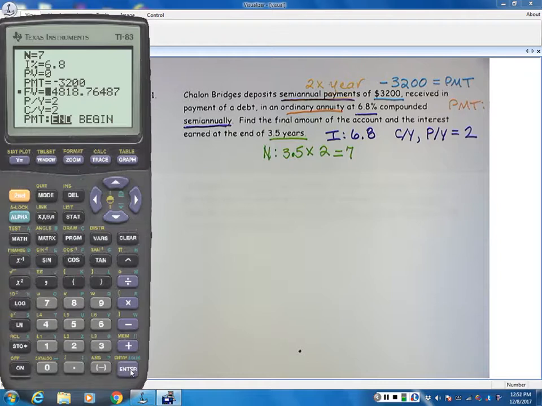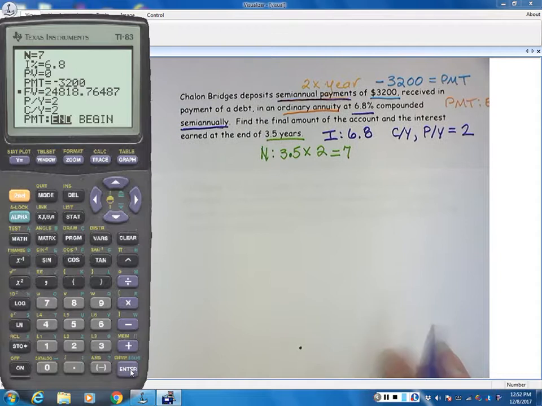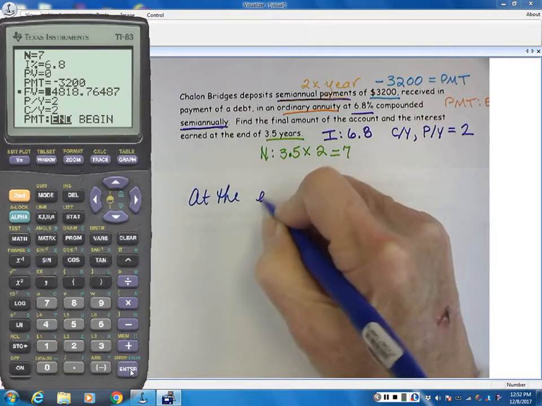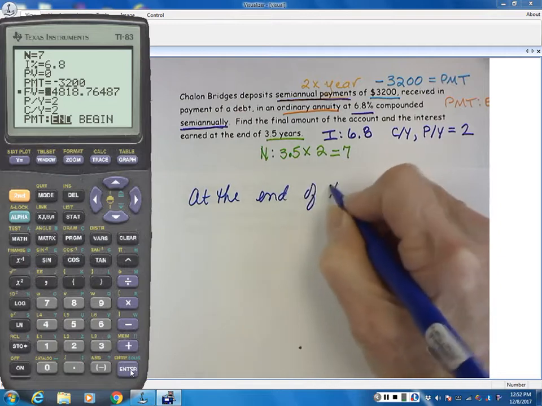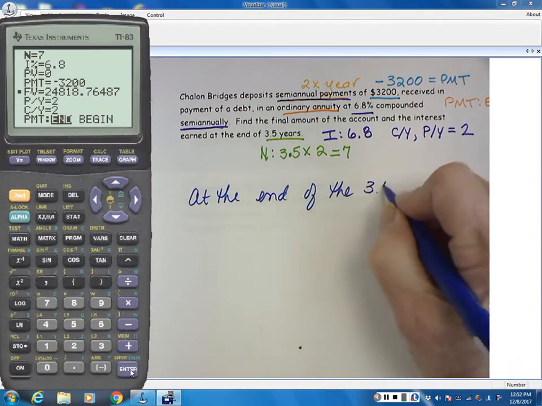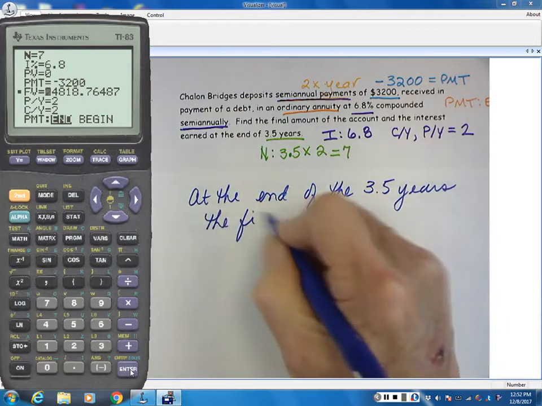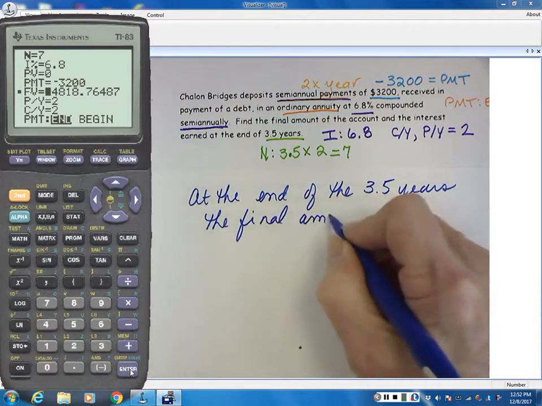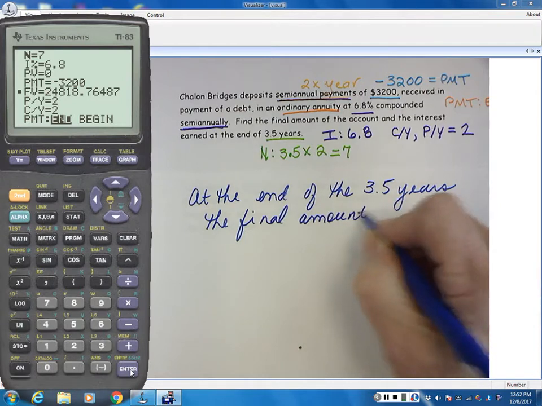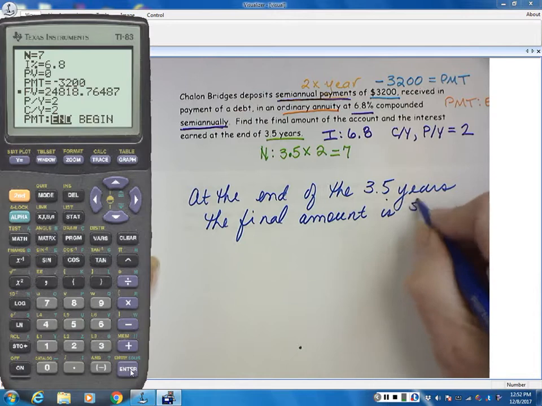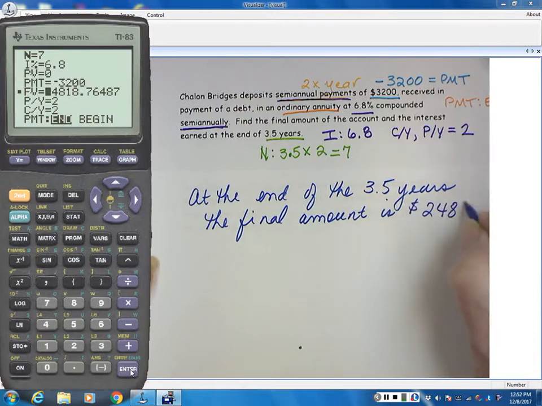So at the end of the 3.5 years, Mr. Bridges is going to have $24,818.76.